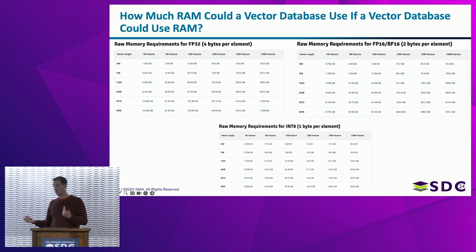You can get sparse data sets or vectors with zero filled, and then you choose, do you want a left or right pad? But this is a dense data calculation. And then if you want to quantize and go down to floating point 16, this is how much memory I'm going to need. So still half a terabyte at least for some of the popular vector lengths. And then if I quantize further and get down to integer 8s, then considerably less memory.